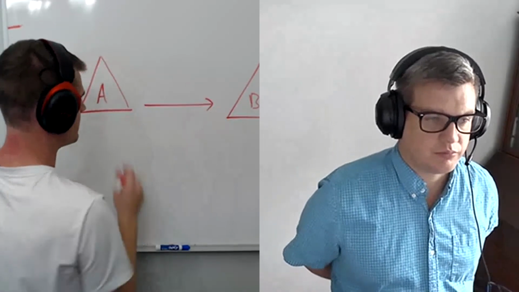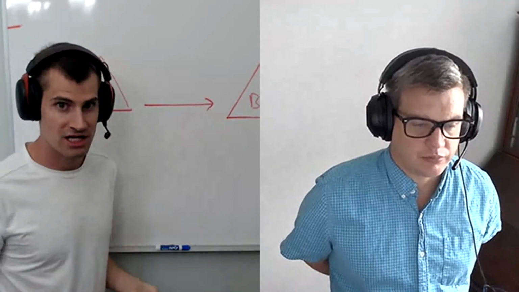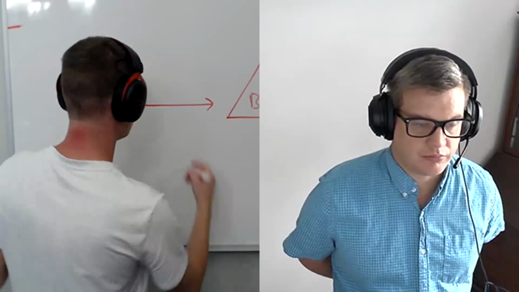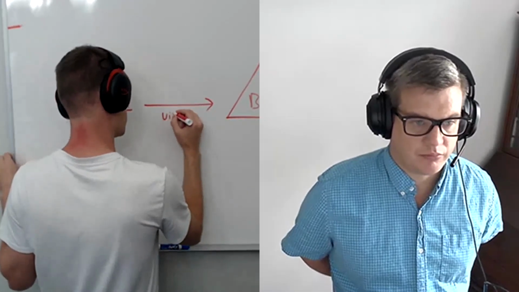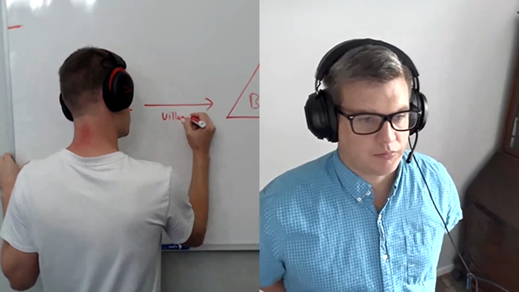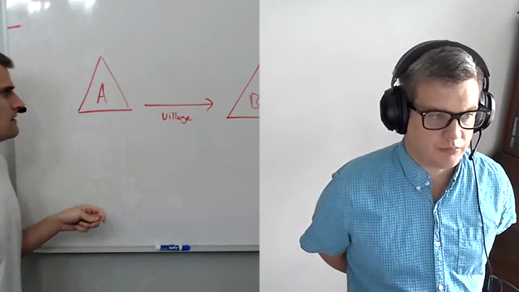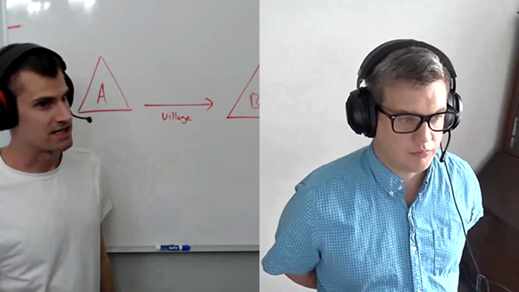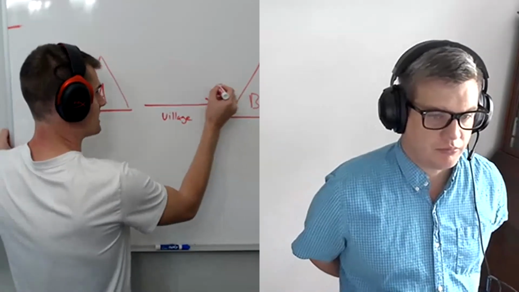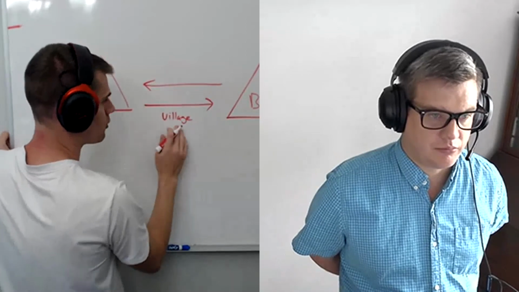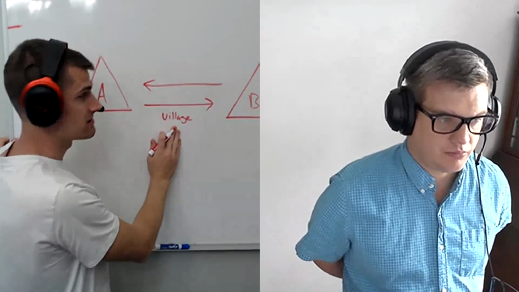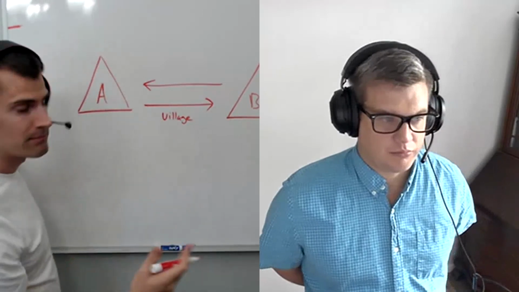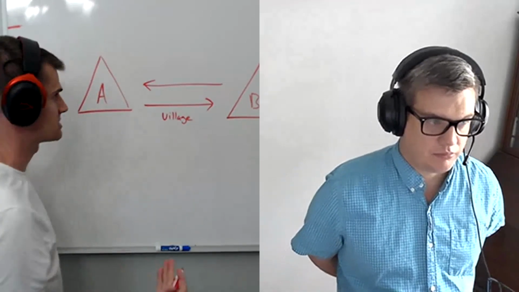And in this alliance, Team A says, okay, I'm going to go ahead and share my village level data with you. So I'm going to write village level data. And Team B says, well, we don't really trust you that much yet, so we're going to share our data with you, but we're not going to share all the way down to our village level data yet, because we don't really know you yet, but we do want to enter an alliance and a relationship with you.